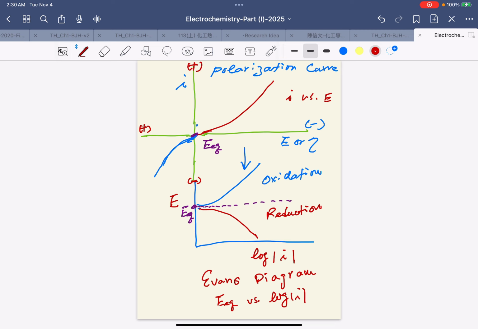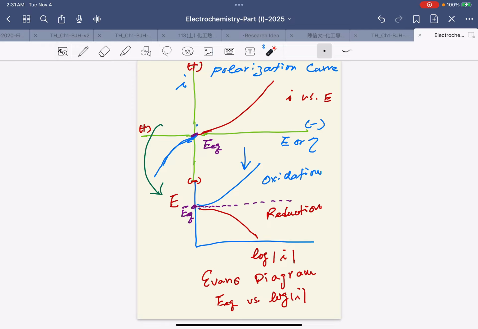So once you have the polarization curve with the current against the potential, we can transform this curve to this curve. You just change the coordinate. We change the x coordinate in this figure to the y coordinate.